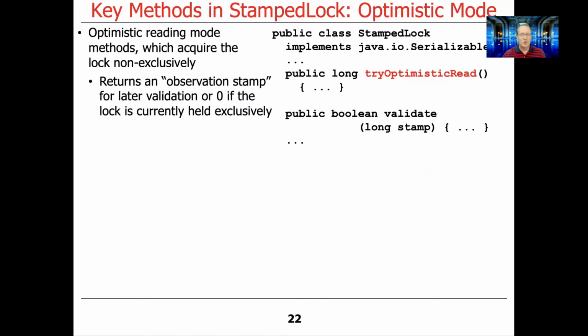So let's first look at the tryOptimisticRead method. This returns a so-called observation stamp that will then be available for later validation. Or if the lock is currently held exclusively, it will return 0. It'll say, sorry, can't get you an optimistic read lock.